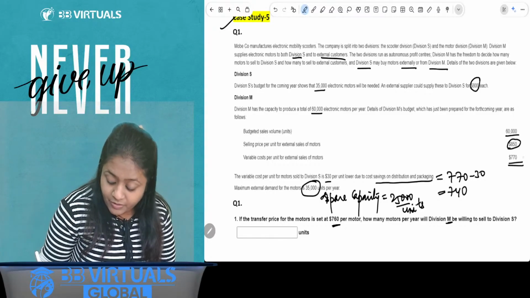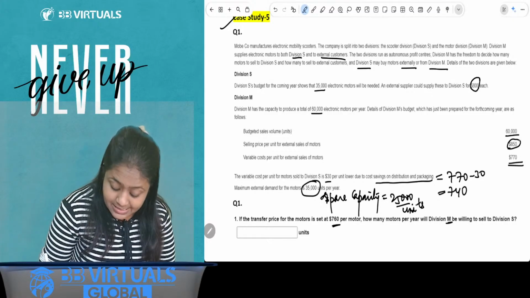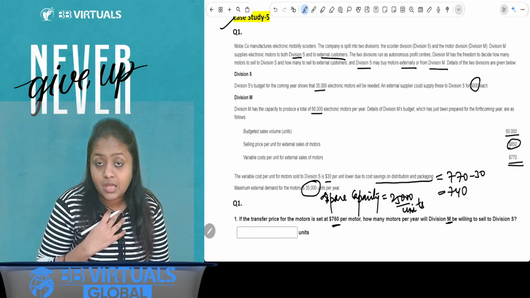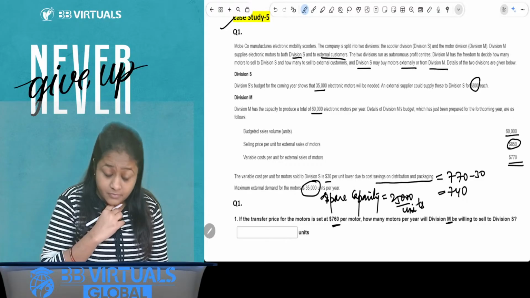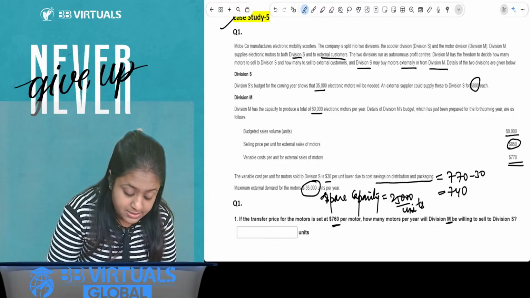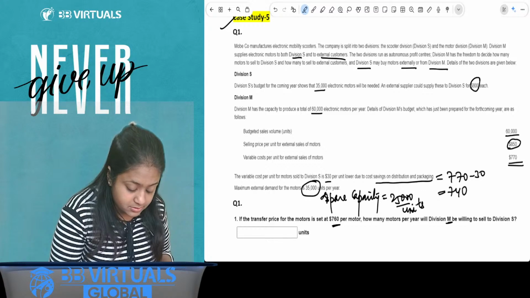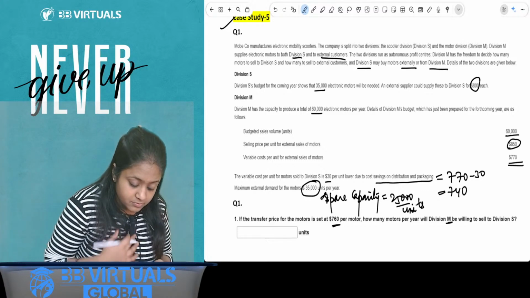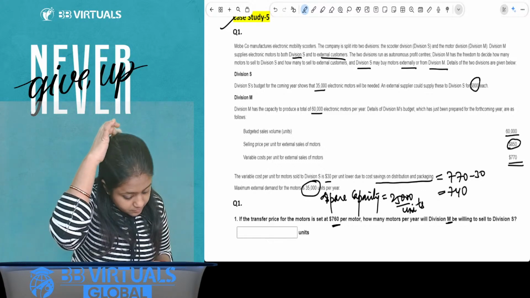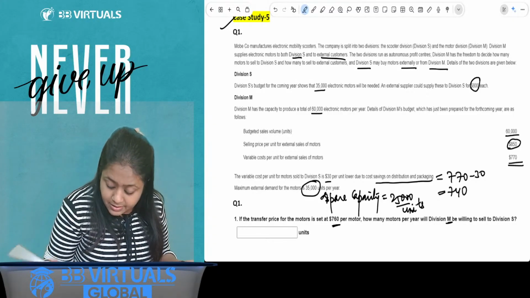See, the transfer price is 760 per motor. When they are selling externally, they are selling at 850. Now, what is the maximum that they would like to meet here? What is the maximum for 760? Let's do the calculations. So basically, I think it's simple.